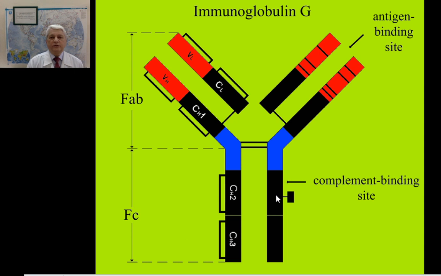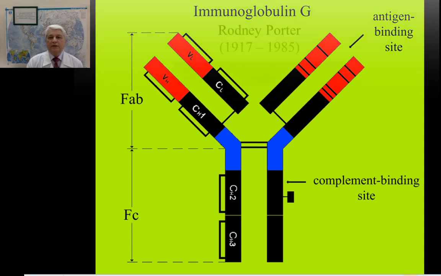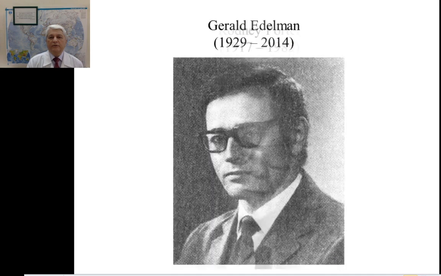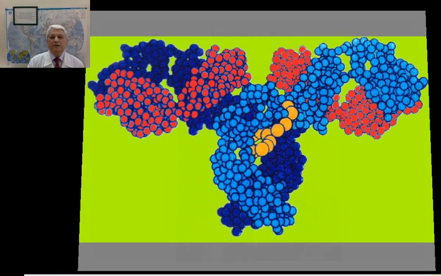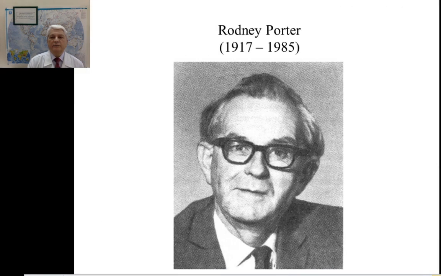And as I told you, let's look once more at the previous figure. Between the two heavy chains there are carbohydrate components, and let's look at our scheme.